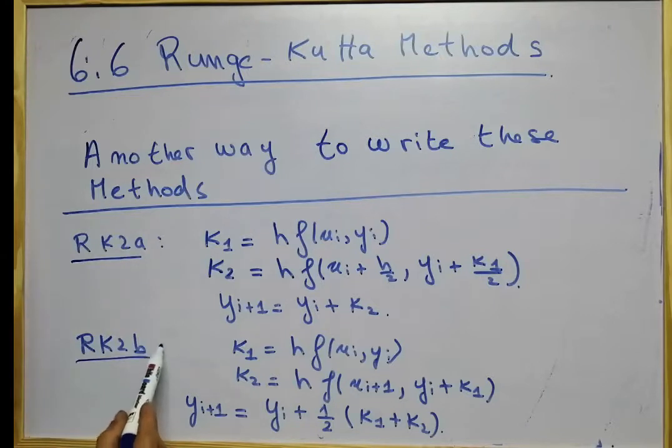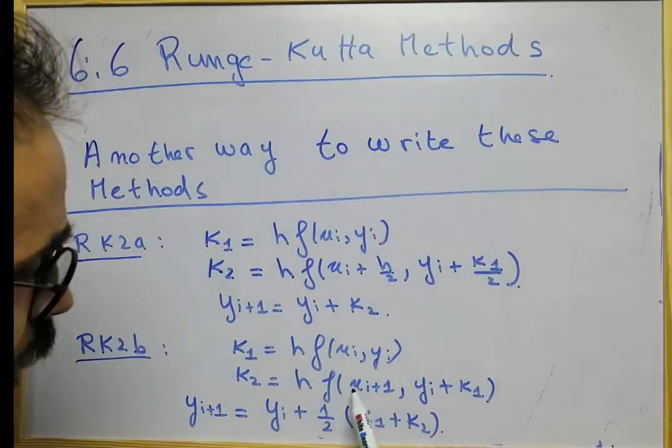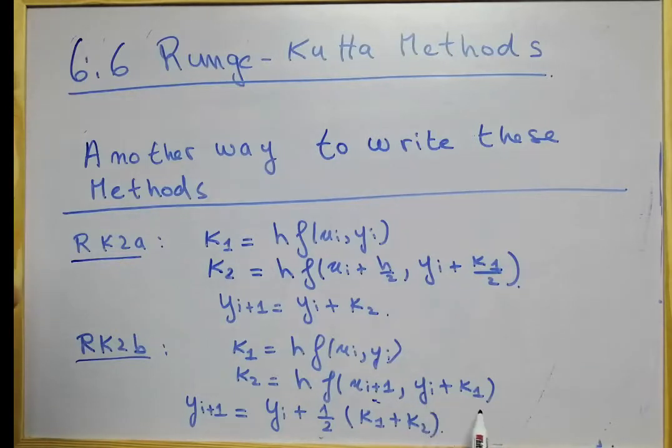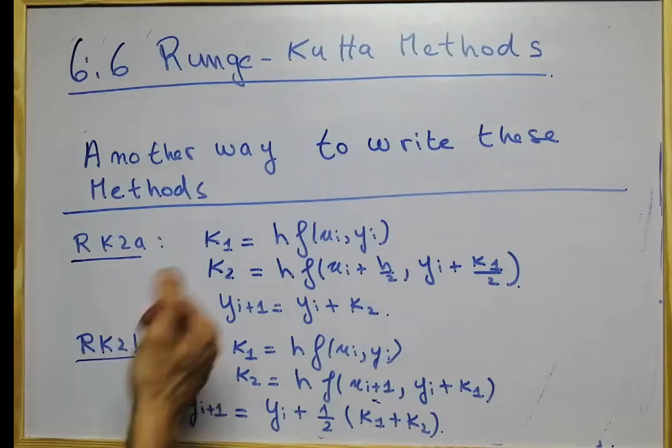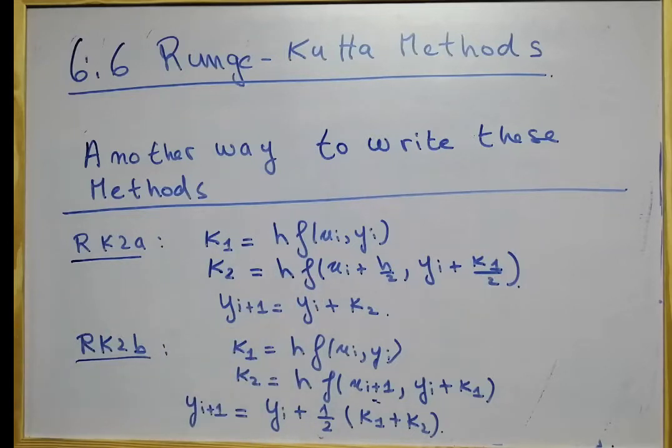And for the RK2B, you can write it the following: K1 is equal to h f of x i, y i, K2 is equal to h f of x i plus 1, y i plus K1, and then y i plus 1 is equal to y i plus half of K1 plus K2. Okay, so this is easier to learn, and it's easier to put into the program, instead of using long expressions.